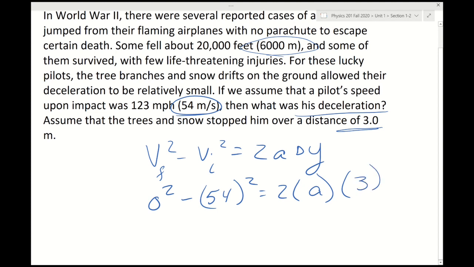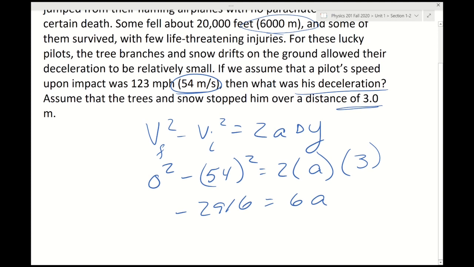Well, 54 squared is 2916 meters squared per second squared, with a negative there. That equals 6a, so if I divide each side by 6, it's a negative 486 meters per second squared for a.